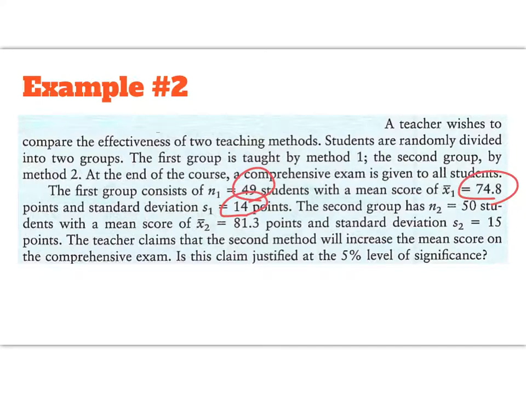The second group has 50 students with a mean score of 81.3 and a standard deviation of 15 points. The teacher claims that the second method will increase the mean score on the comprehensive exam. Is this claim justified at a 5% level of significance?